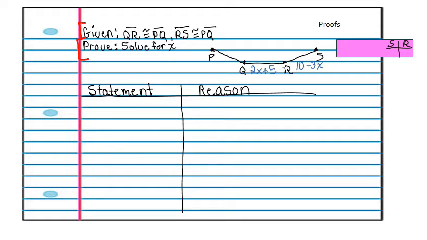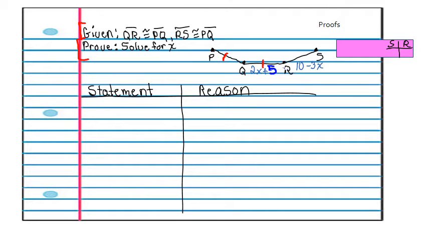The third thing is that make sure you label everything, that we have PQ and QR and RS. We have things like QR is a certain value, RS is a certain value. We've been given that QR is congruent to PQ, so we know that these 2 are congruent.